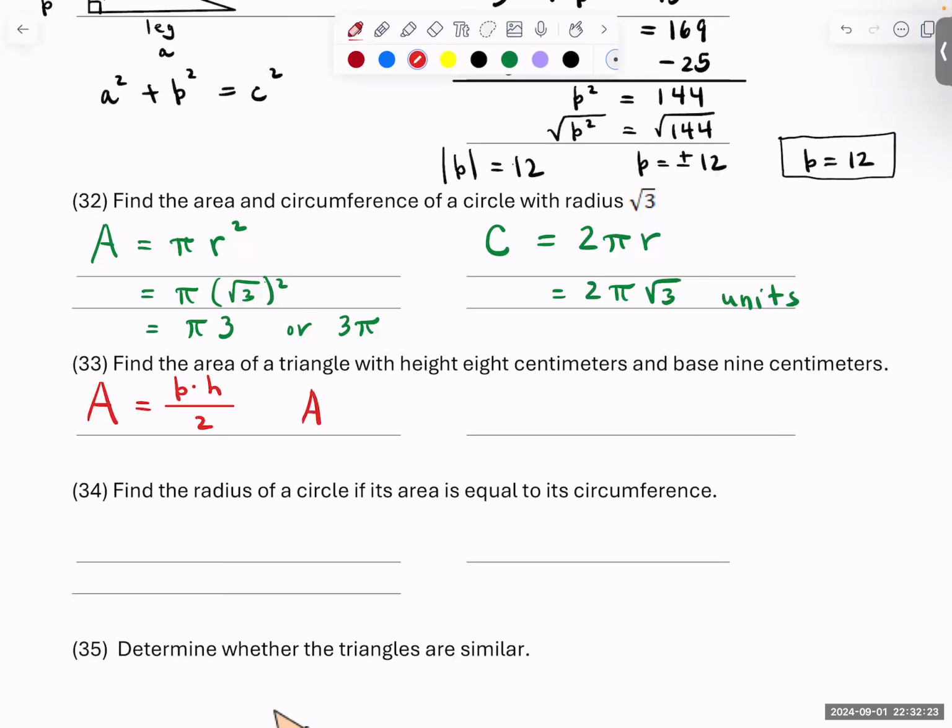So by substitution, area is base 9 centimeters, height 8 centimeters divided by 2. So area is 9 times 8, 72, divided by 2, 36 centimeters squared.